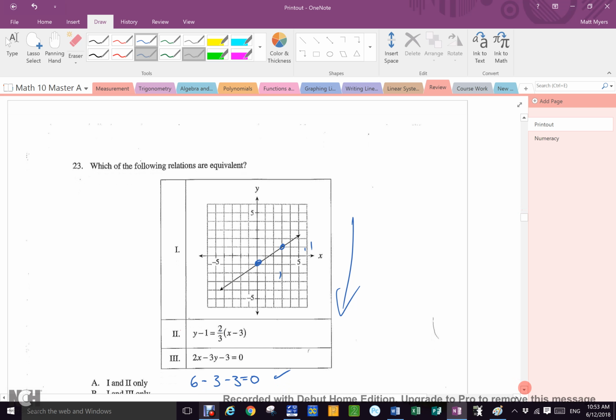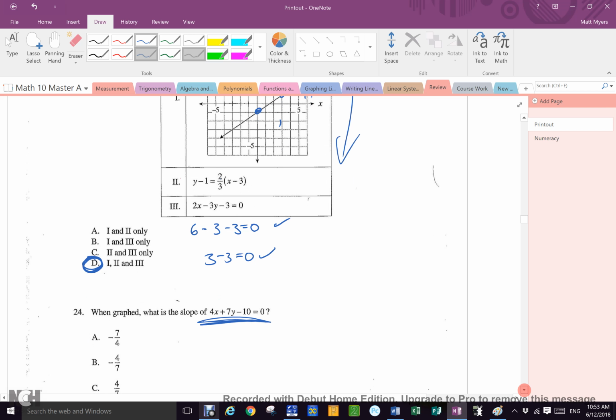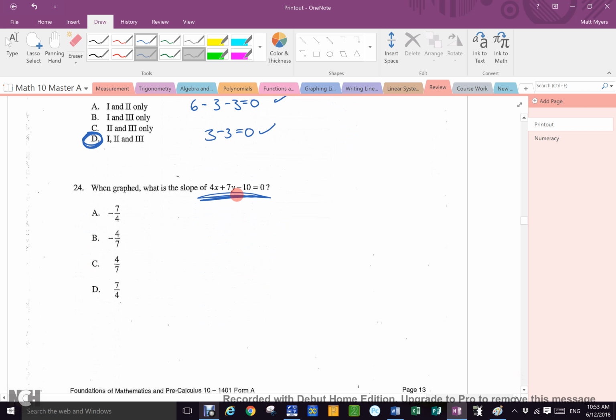Is that in a form to give me slope? No. Can I get it to a form that would give me slope? What does an equation look like that gives me slope? Y must be by itself. So if I get y by itself, will I know the slope?